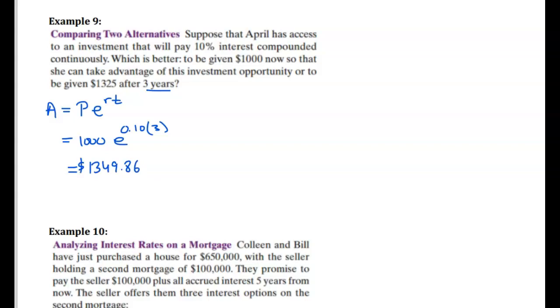So that's how much money she would have after 3 years if she invested, but she would get $1,325 after 3 years, so this is a better deal. So take the $1,000 now and invest it herself.